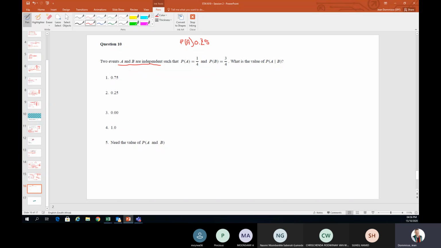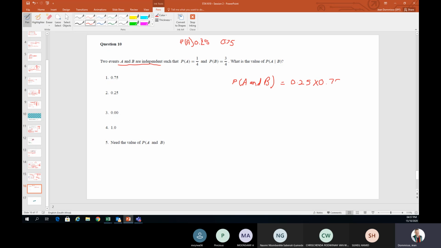So that is 0.25 and that is 0.75. Okay, so they tell us it is independent. So probability of A and B is equal to 0.25 times 0.75.